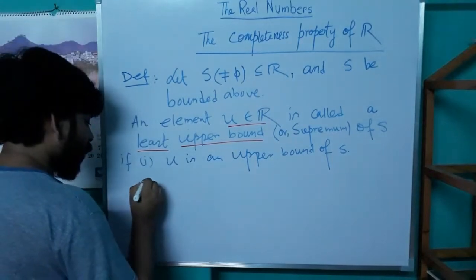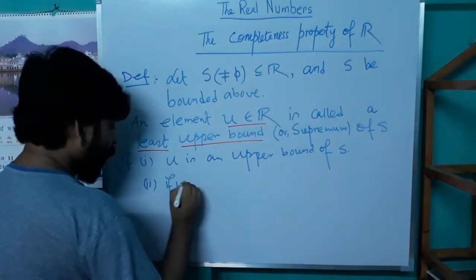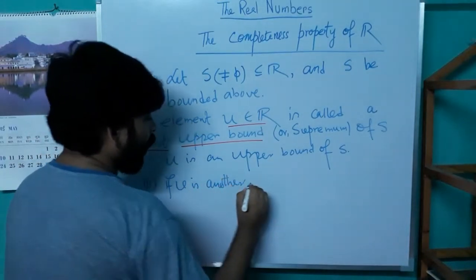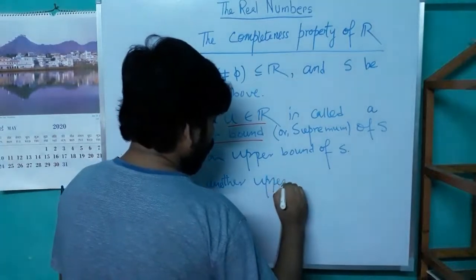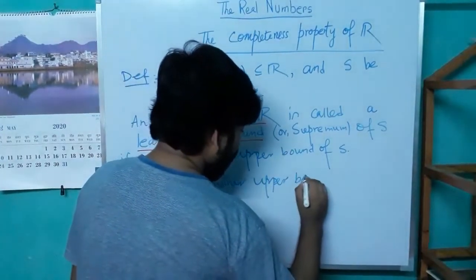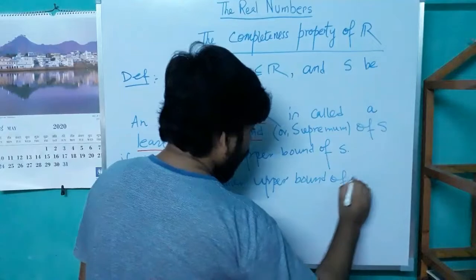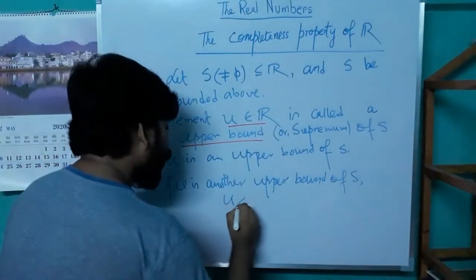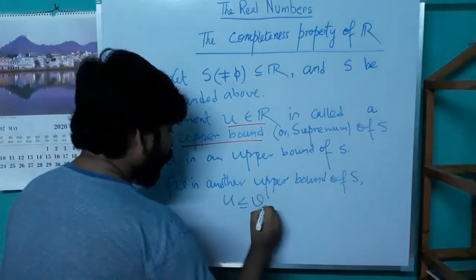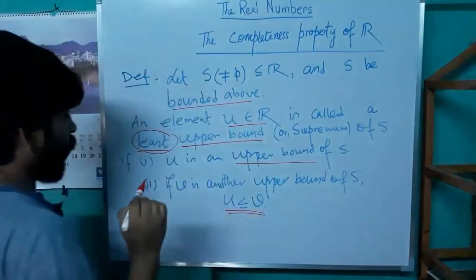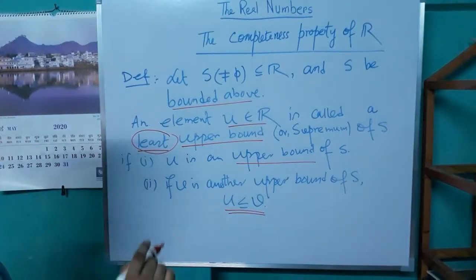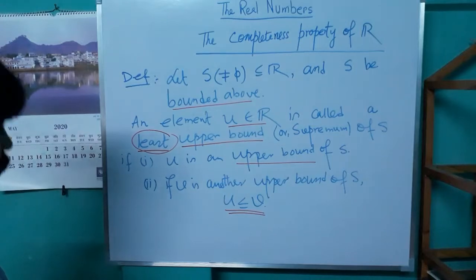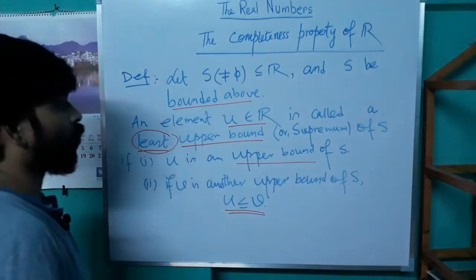So if V is another upper bound of S, then U must be less than or equal to V. Okay, so least upper bound means it is an upper bound as well as the least upper bound. So that is the definition of the least upper bound or supremum of a set S.